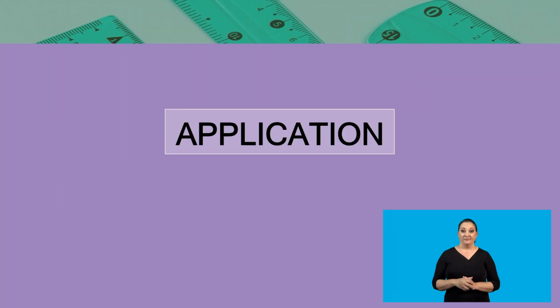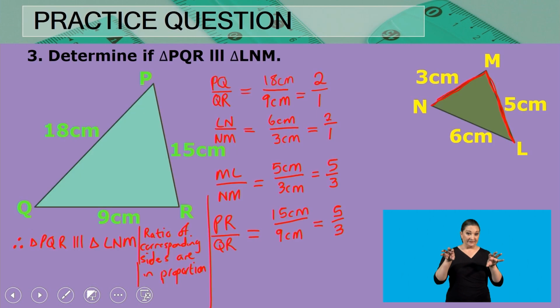And because these two triangles met one of the conditions that we need for proving two shapes to be similar, we can conclude that indeed these two triangles are similar.